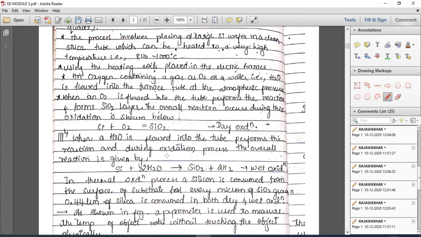Here it is shown that if the silicon is exposed to O2, it forms an SiO2 layer, which we call dry oxidation. Suppose the same Si is exposed to water, H2O, it again forms SiO2, but to balance this chemical equation we have to multiply by 2 and we get 2H2.